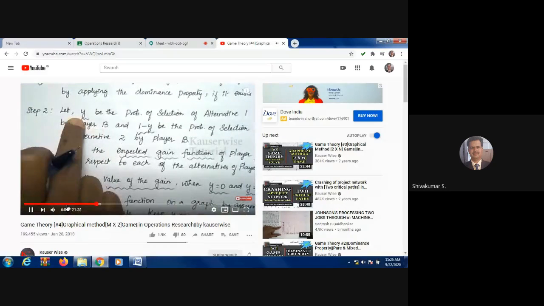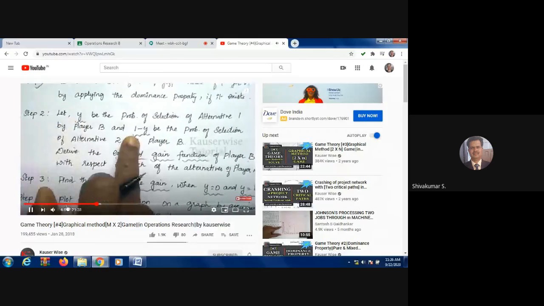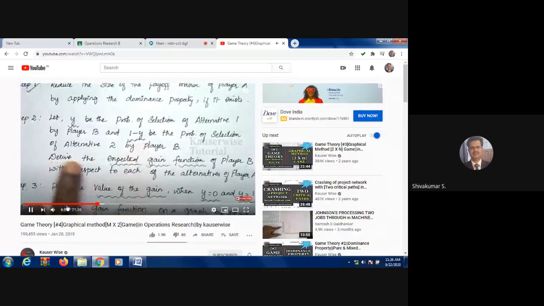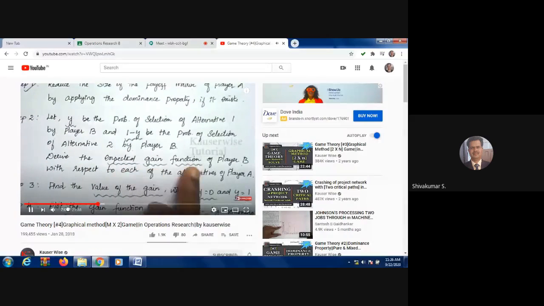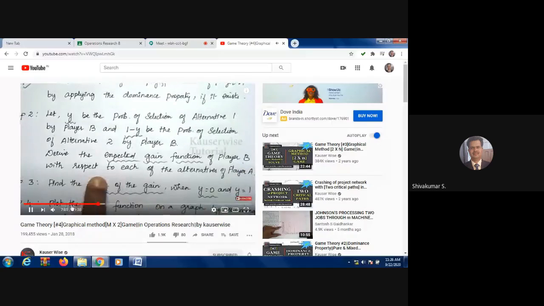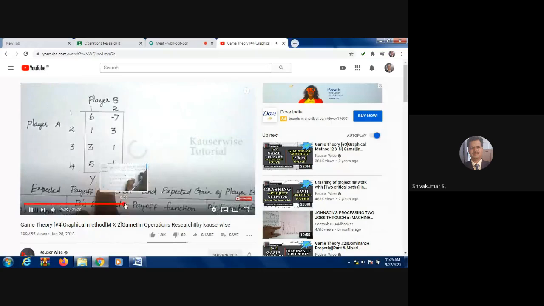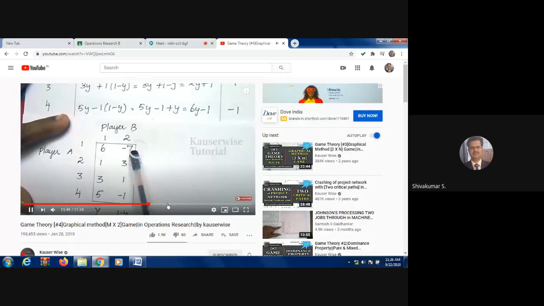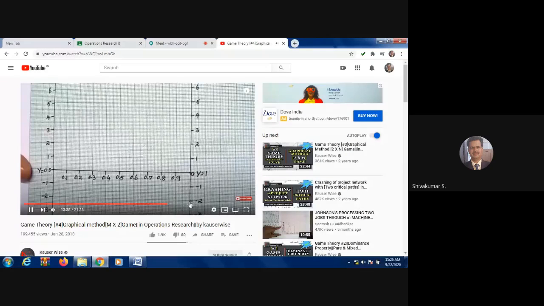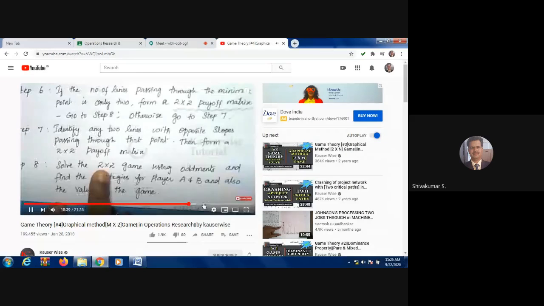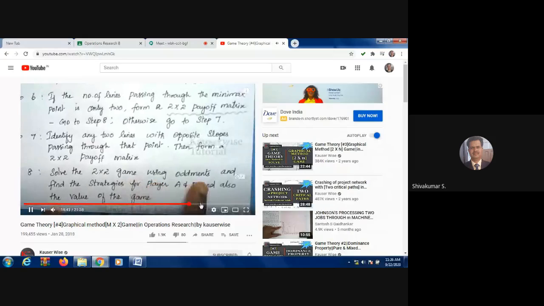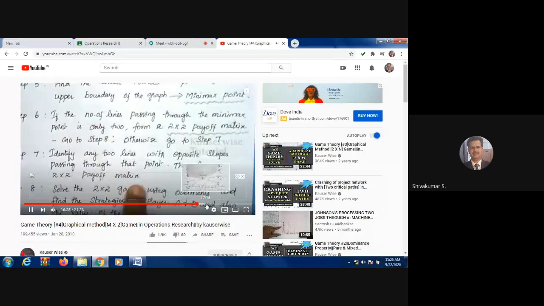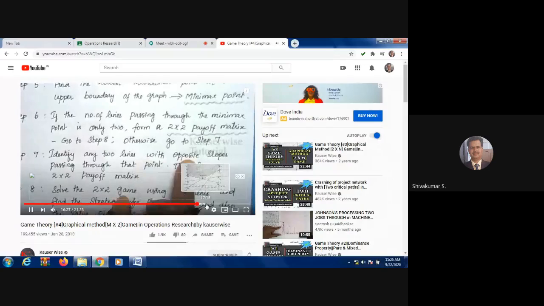The first selection of probability is y, and the second one is 1 minus y. Based on this, you can derive the expected gain function of player B. Solve the 2 by 2 game using oddments, passing through the same point, which will have opposite slopes.